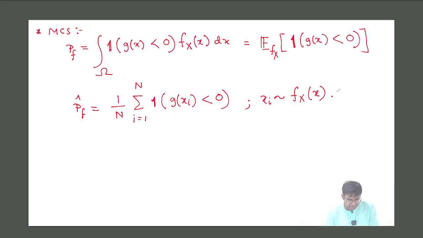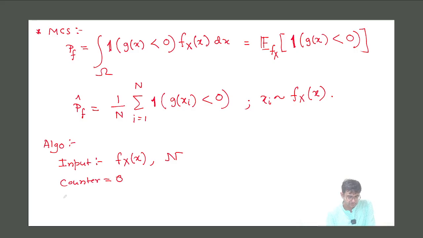And with that we discussed yesterday the algorithm, which is very simple. Your input will be f x of x and n, and then you start a counter equal to 0. By the way, this is the number of failure points divided by n, because the indicator function gives the number of failure points.